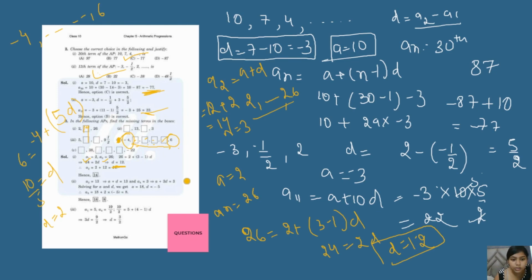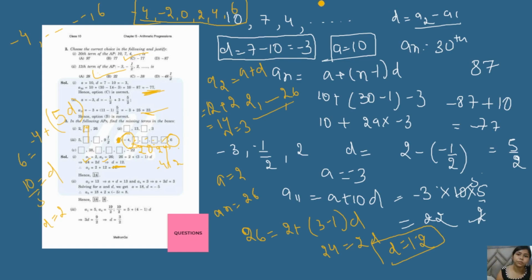After calculating d equals 2, we just have to add 2. Minus 4 plus 2, how much? Minus 2. Minus 2 plus 2, 0, 2 and 4. These are the AP: minus 4, minus 2, 0, 2, 4 and 6. This is the AP you are getting after solving the particular question.